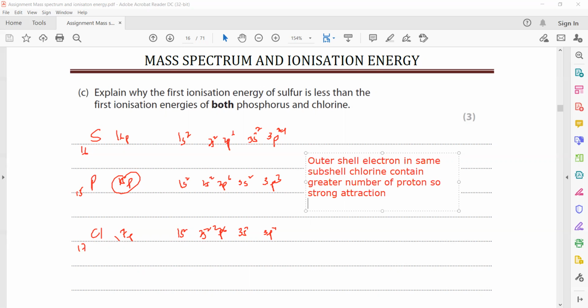And what about phosphorus? Why is phosphorus higher? Because in the 3p orbital for sulfur, there is a pair of electrons which repel each other.